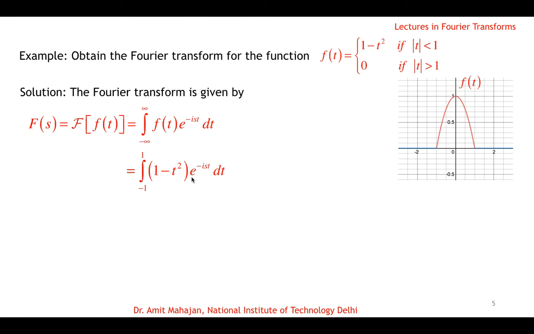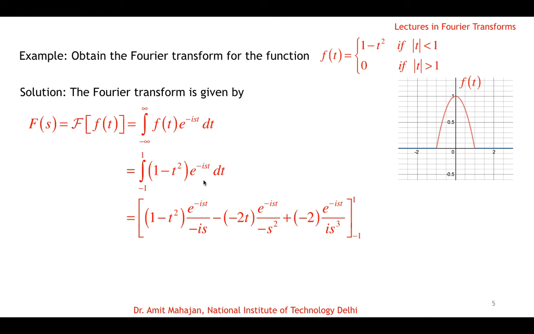We solve by integration by parts. The first function is 1 minus t square and the second function is the exponential. So first function into integral of second function, which is e raised to power minus iota s t by minus iota s. Then a minus sign, the derivative of the first function, which is minus 2t, and the integral of the exponential, which is e raised to power minus iota s t divided by minus iota s; there is already a minus, so it becomes minus of s square.